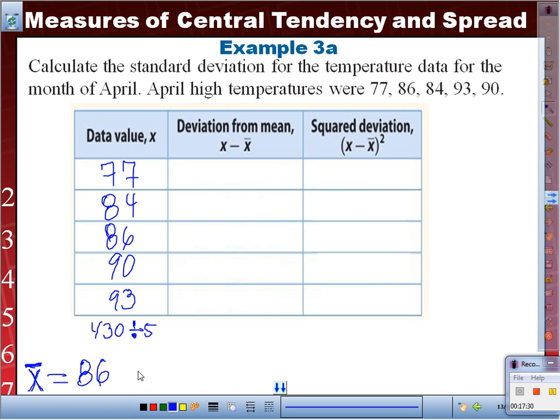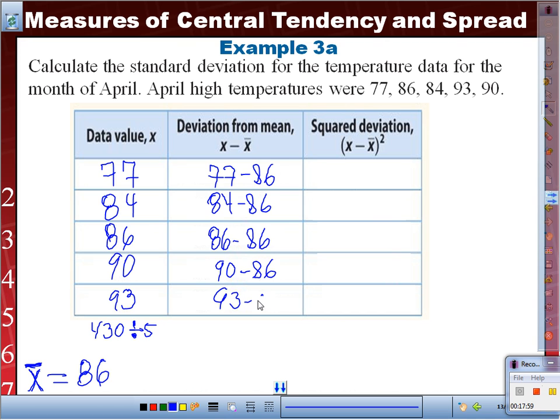Okay. So look up. Look at the second column. What does it say? Deviation of mean. That means we take the x value and subtract the what? Mean. So we do 77 minus 86. Then 84 minus 86. Then 86 minus 86. Then 90 minus 86. And 93 minus 86.